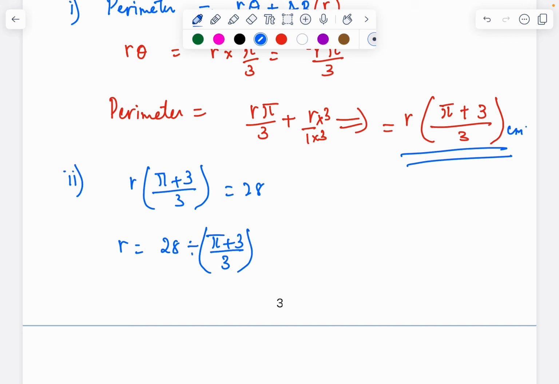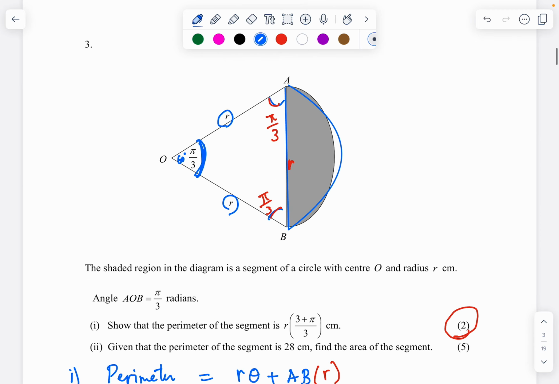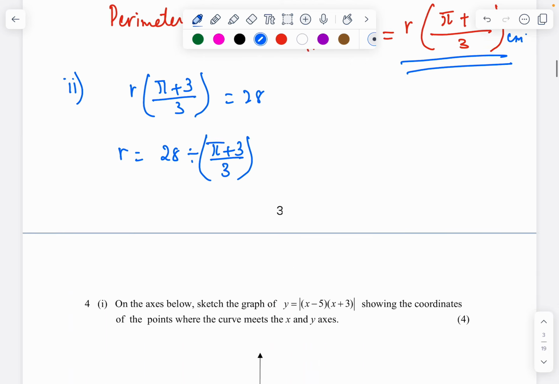Now we need to find the area of the segment. So basically you need to find what is the area of the segment, which is going to be this part, the shaded region. How do I find that?